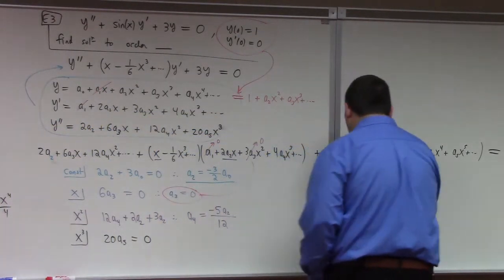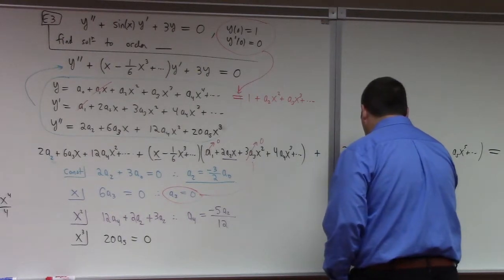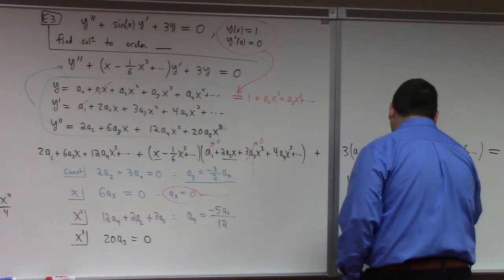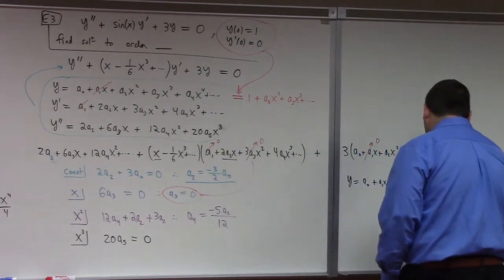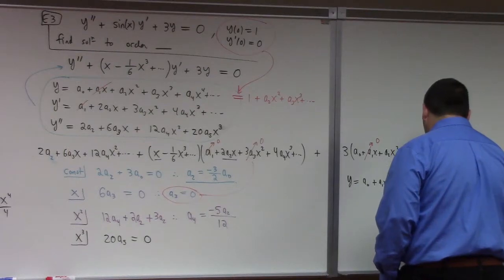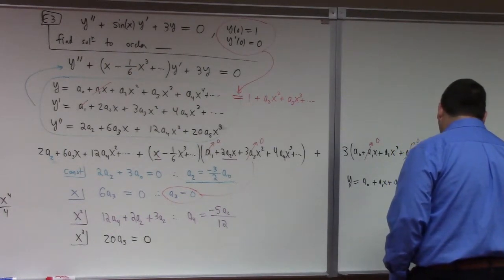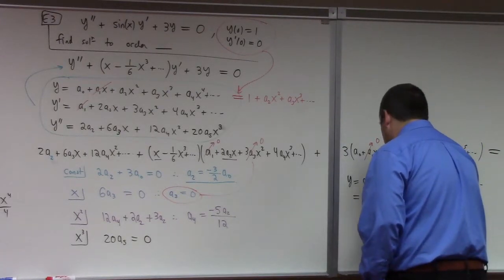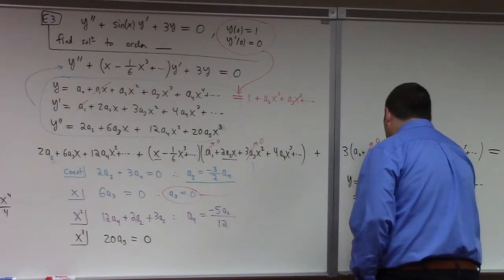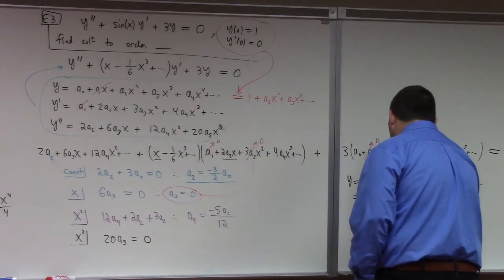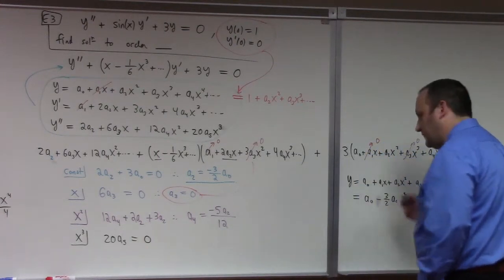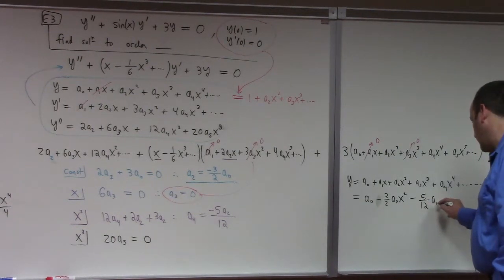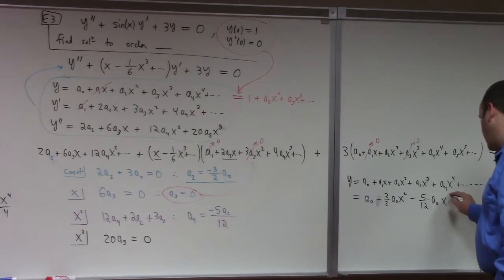All right, so collecting our thoughts. Our solution, y equals a0 plus a1x plus a2x squared plus a3x cubed plus a4x to the 4th plus dot dot dot, is going to be equal to a0 plus, what was my a2? My a2 was minus 3 halves a0x squared. a3 was 0. a4 was minus 5/12 a0 x to the 4th, right?